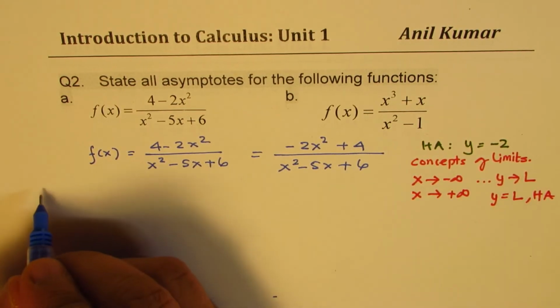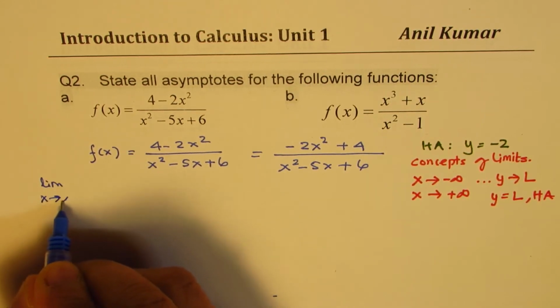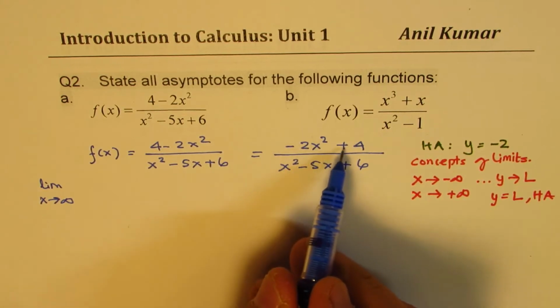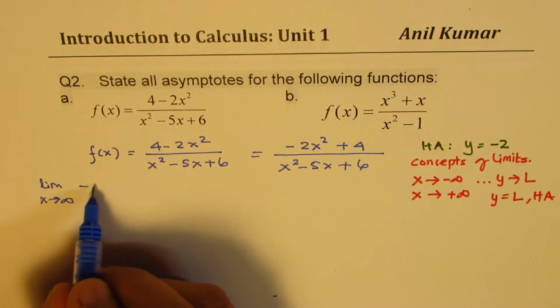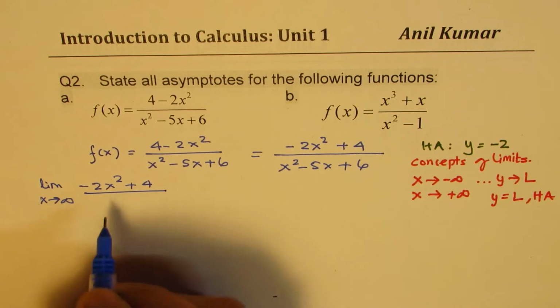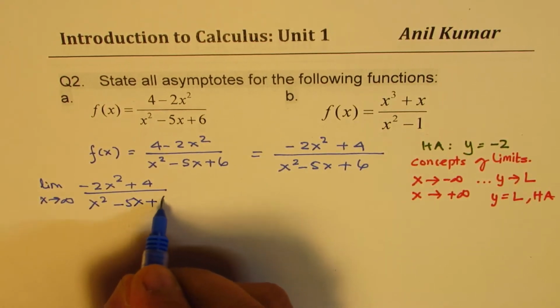So let's find the limit of our function when x approaches, let's say, positive infinity. The function here is minus 2x squared plus 4 over all this. So let me rewrite this: minus 2x squared plus 4 over x squared minus 5x plus 6.